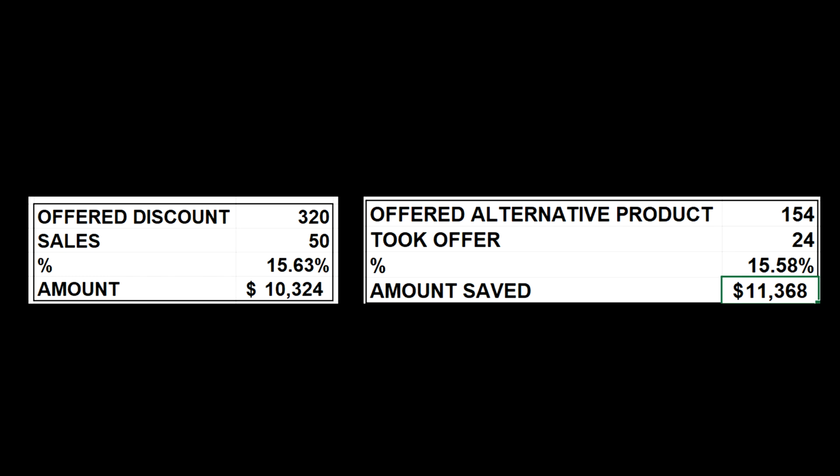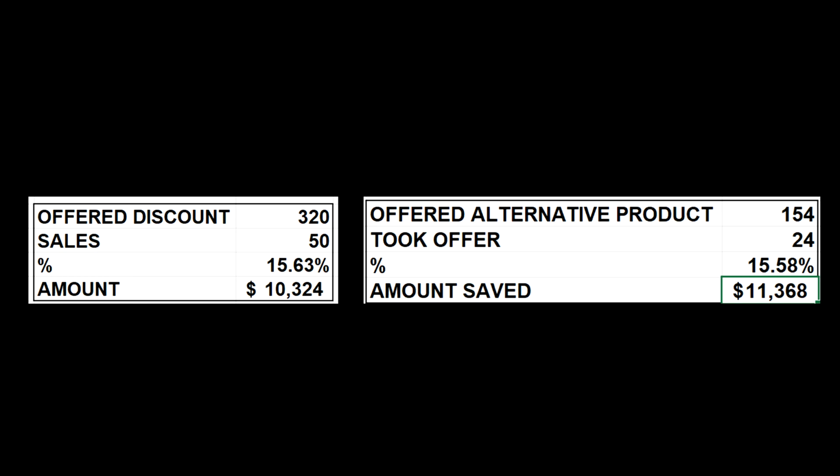So if you look at the two different images, you can see that on the left, 320 people were offered a discount on an alternative product, all done by email. They generated an additional 50 sales, or just under 16%, which gave them an additional $10,000 per month.